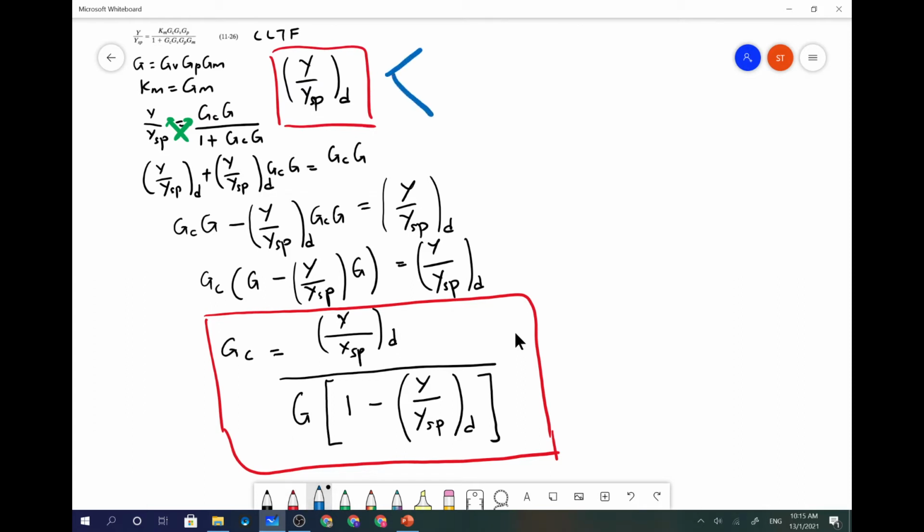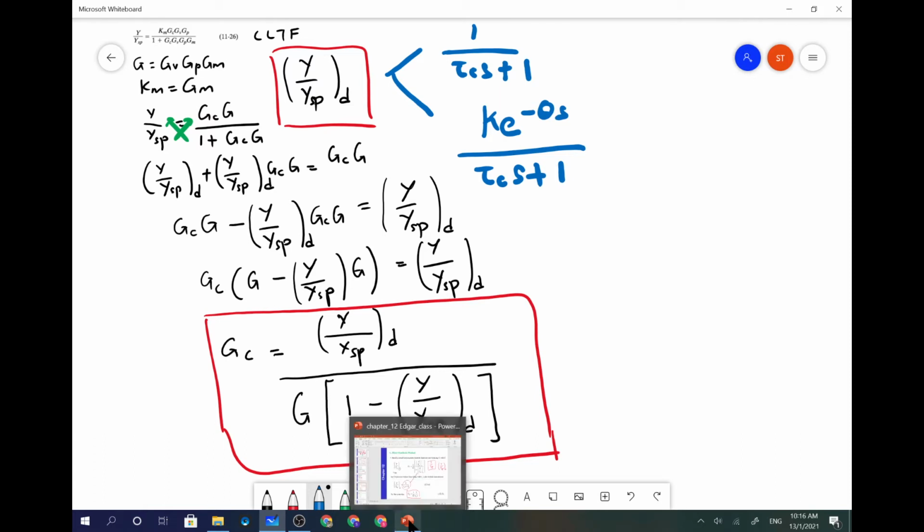The first one is first order transfer function without time delay. And the second one is a first order with time delay.